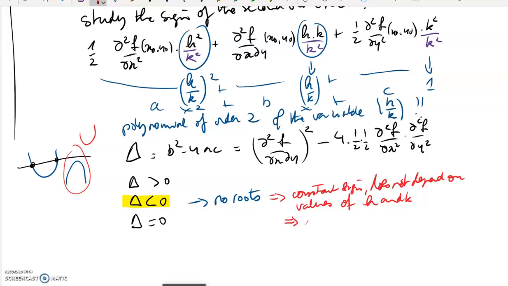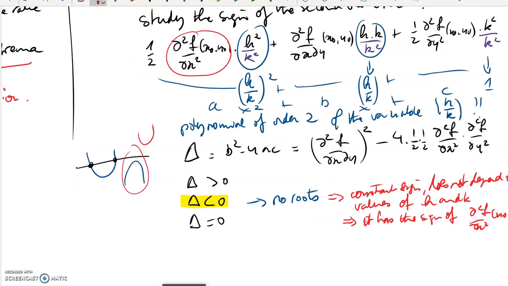So it has the sign of d2f over dx squared at (x0, y0). Okay, it's going to be an upward-looking parabola if that term is positive, or a downward-looking parabola if that term is negative.